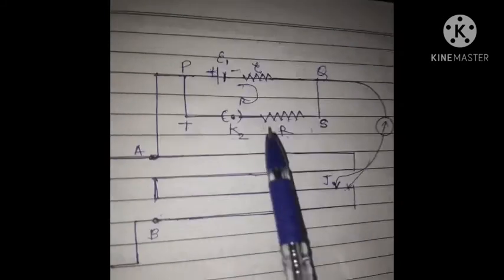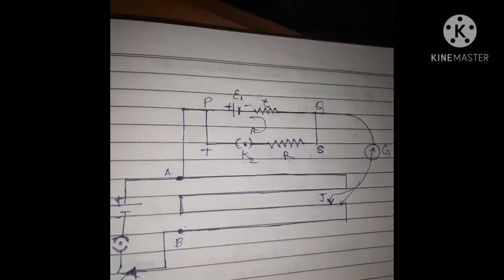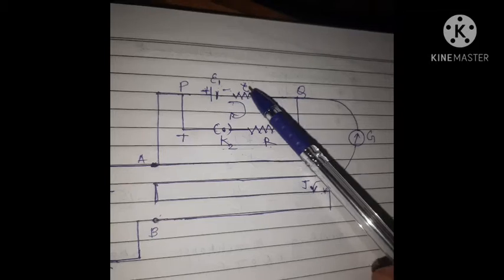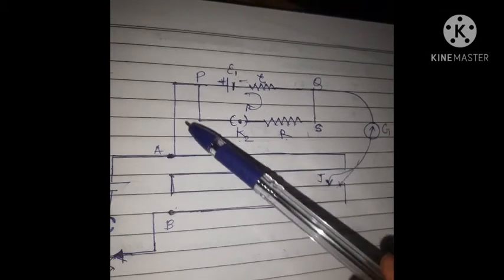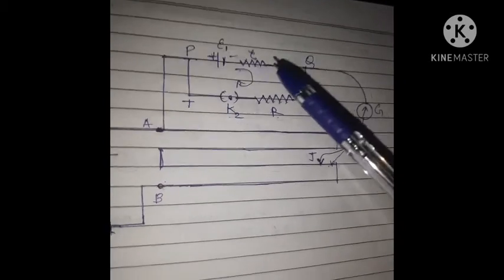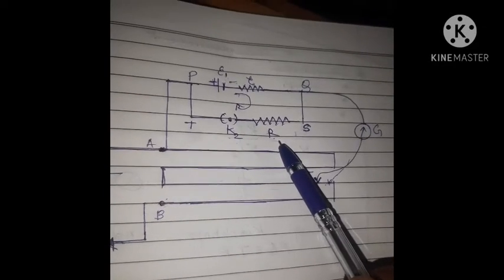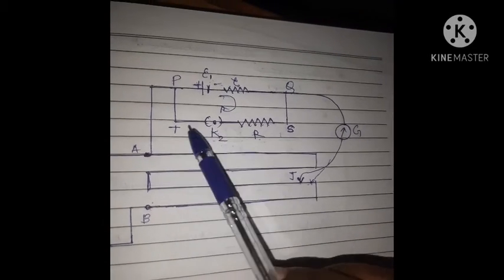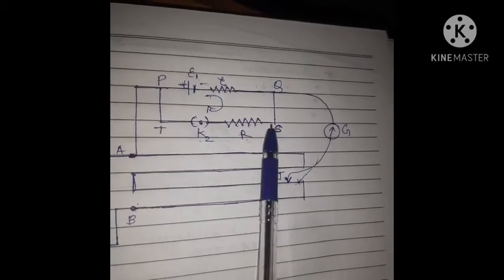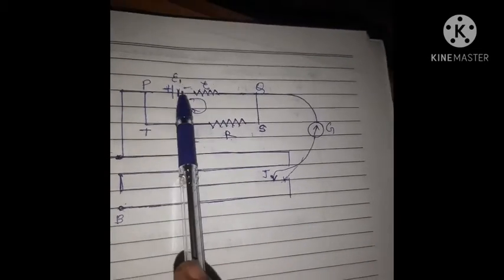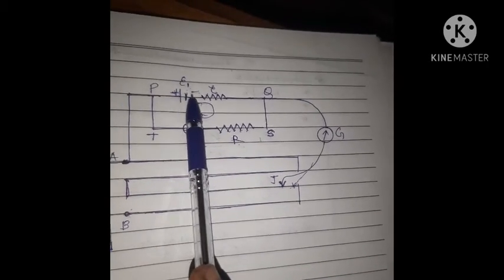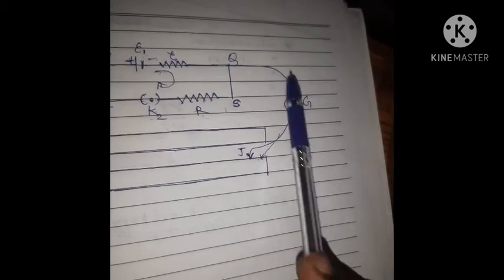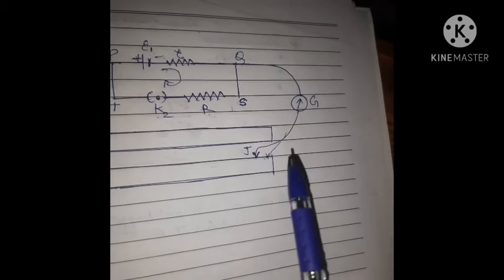Now a new cell of EMF E1 having internal resistance small r is connected at point A, and a resistance box with a key K2 is connected across the cell of EMF E1, and a galvanometer and jockey are connected as shown in this circuit diagram.